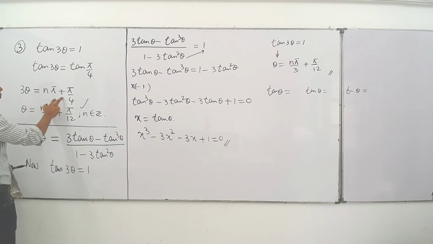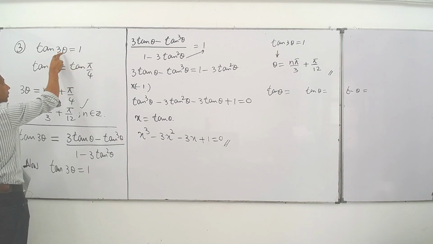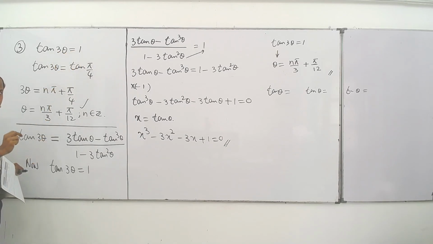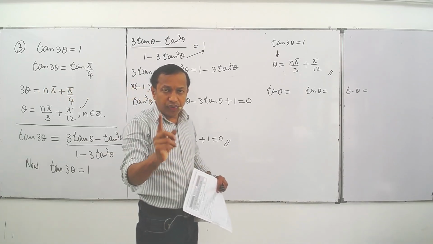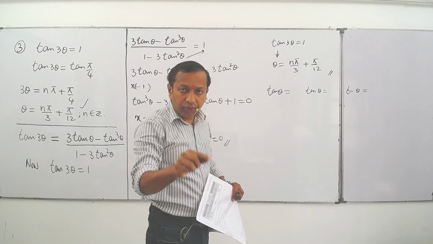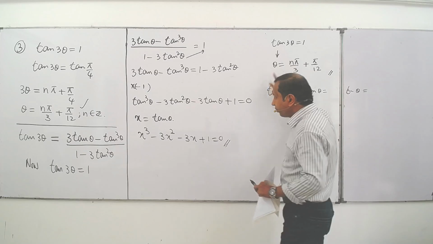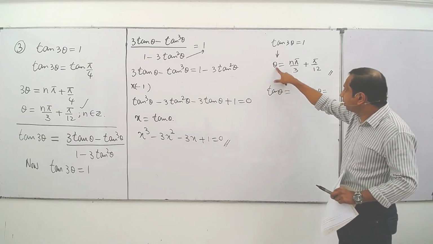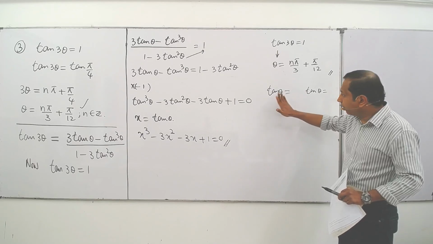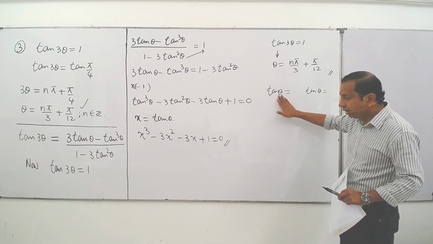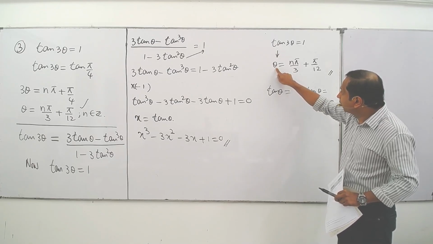Here, this solution also we obtain by equating tan 3 theta to 1. The same equation tan 3 theta equals 1, we have solved the first one to give theta, the second one to give tan theta. Right? Then for these answers of tan theta, the angle theta should come from this solution.